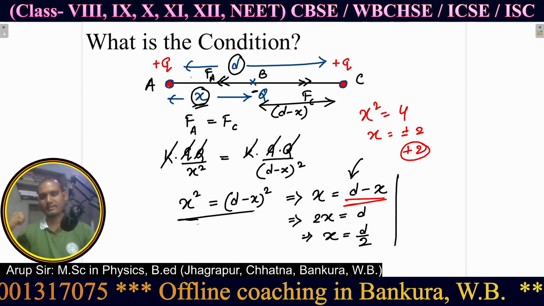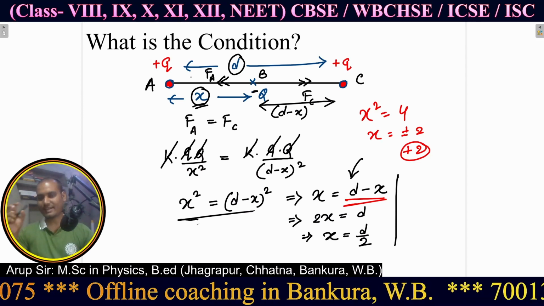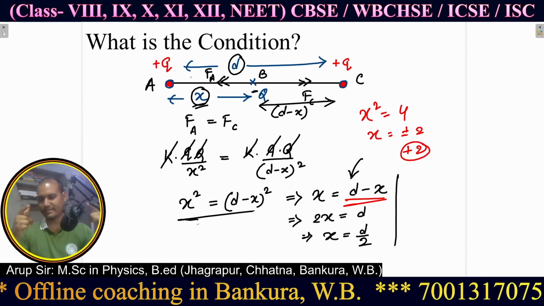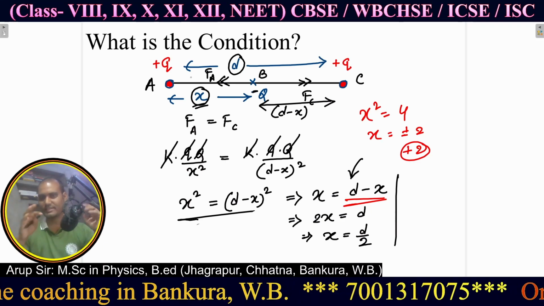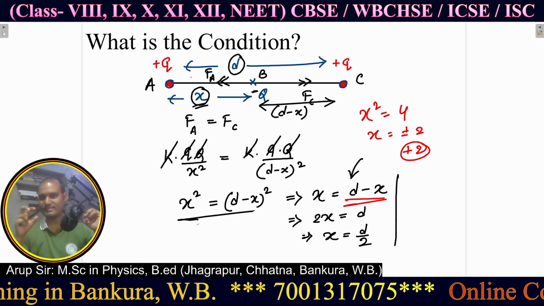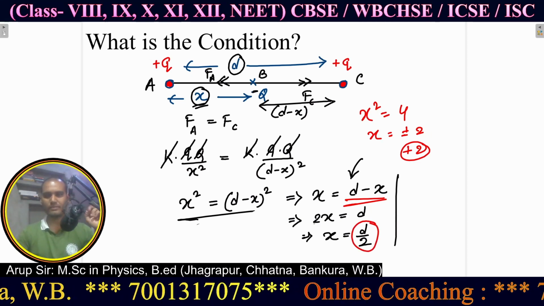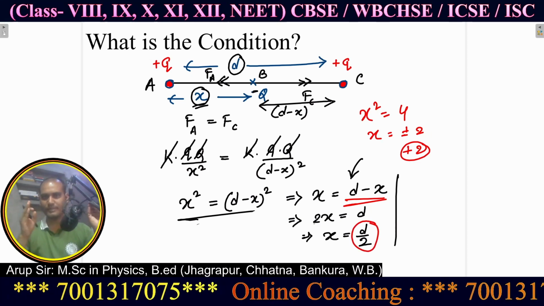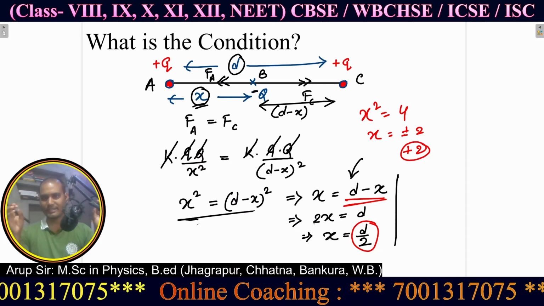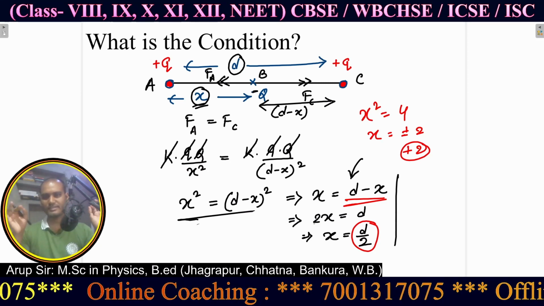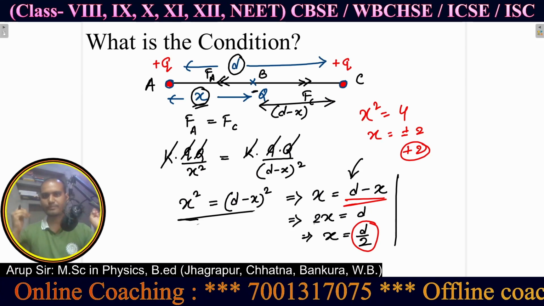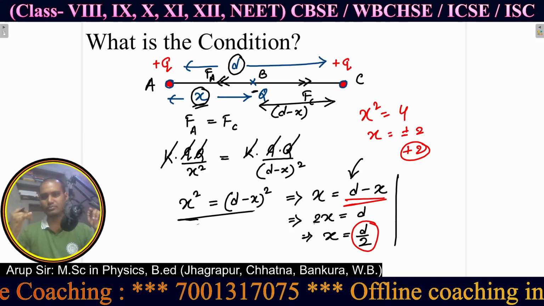This is why. So this is the first condition, that the charge, plus q or minus q, any one. Here it is minus q, we have to place it at the midpoint because we are getting x equals d by 2. So obviously point B is the midpoint of line AC. B is the midpoint, right? So d by 2. Now what is the value?